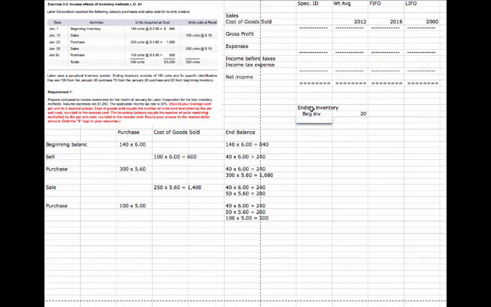From the January 20th, we have 70 left. And from the January 30th, we have 100 left. Okay? And if we have the costs, so of the beginning inventory, our cost was $6.